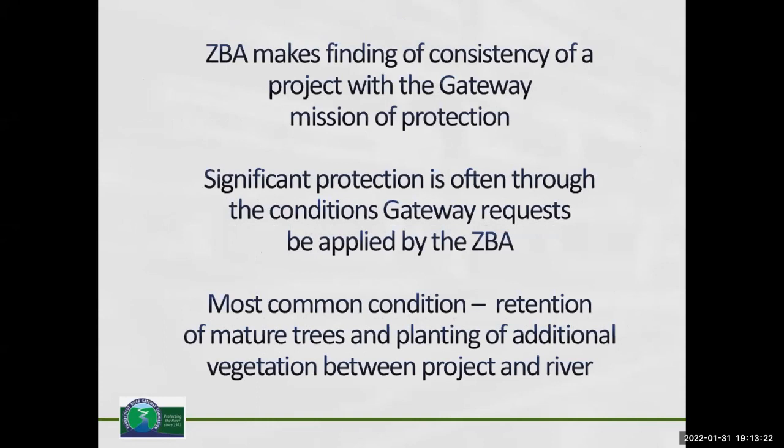The ZBA is to make findings of consistency of the project with the Gateway mission of protection. That's in the statute. As I said, significant protection for variance applications is often through the conditions that we request. And as I said, the most common conditions refer to vegetation, keeping mature trees and planting additional vegetation.